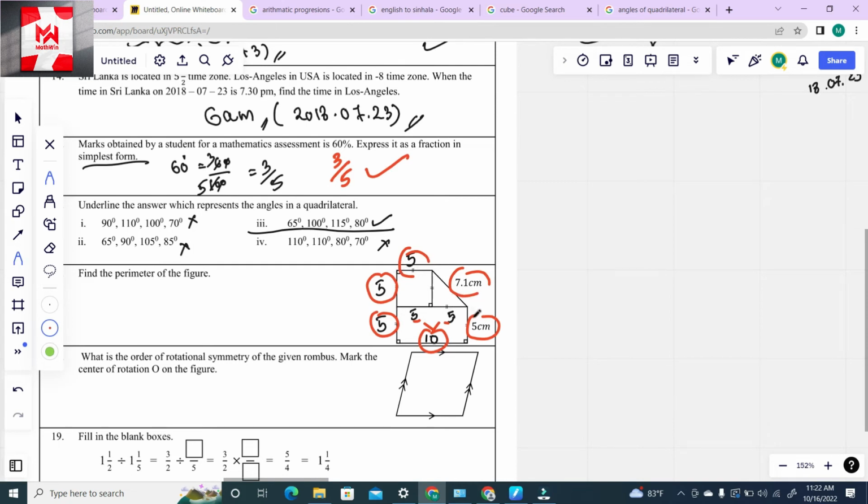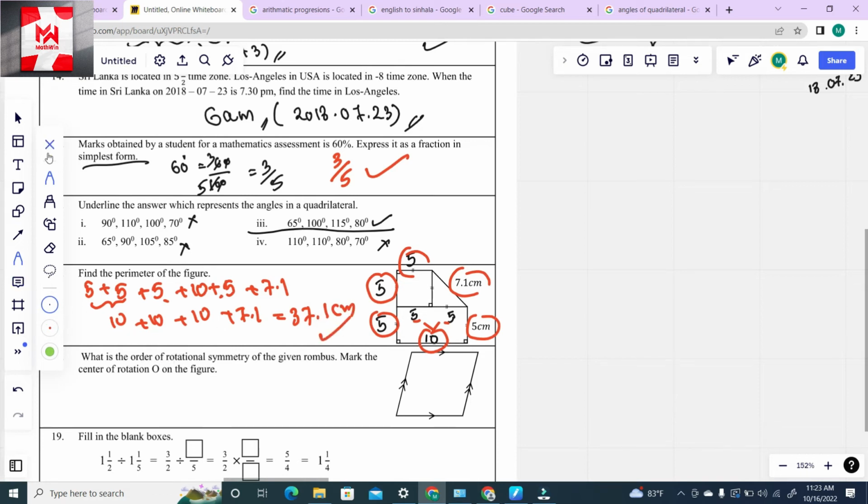You want to add the boundary line. Therefore, the answer is 5 plus 5 plus 5 plus 10 plus 5 plus 7.1. This one is 10, this 5 also 10, and another 10 here, and 7.1. Now it's 30. The answer is 37.1 centimeters. Okay, this is the answer.